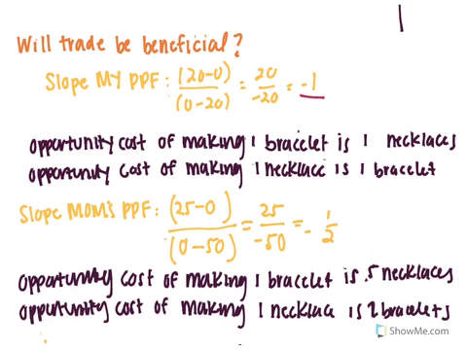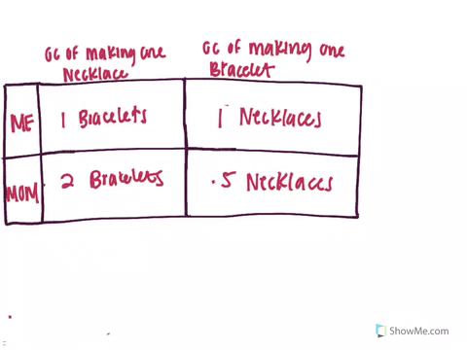Now that we have both of the opportunity costs, we can make a table. In this table, we can see that the opportunity cost of making one necklace for myself is 1 bracelet, and the opportunity cost for my mother for making one necklace is 2 bracelets. The opportunity cost for me for making one bracelet is 1 necklace, and for my mother for making one bracelet is 0.5 necklaces.